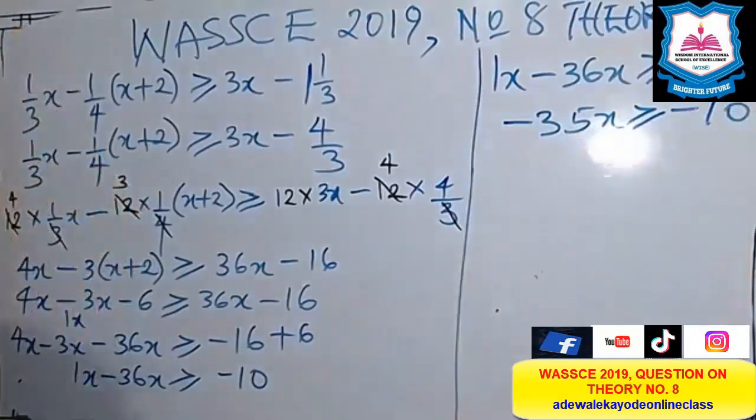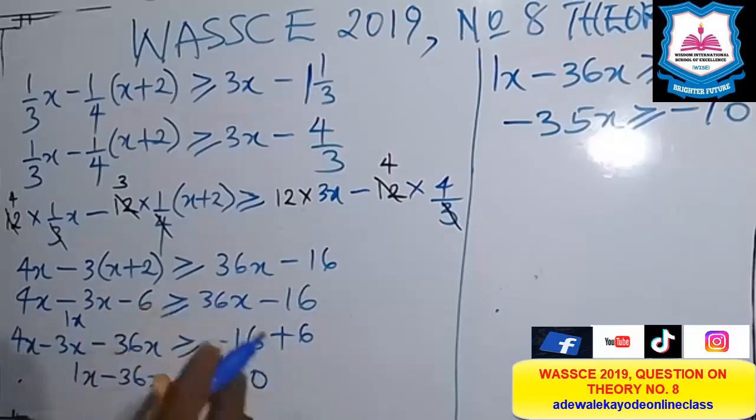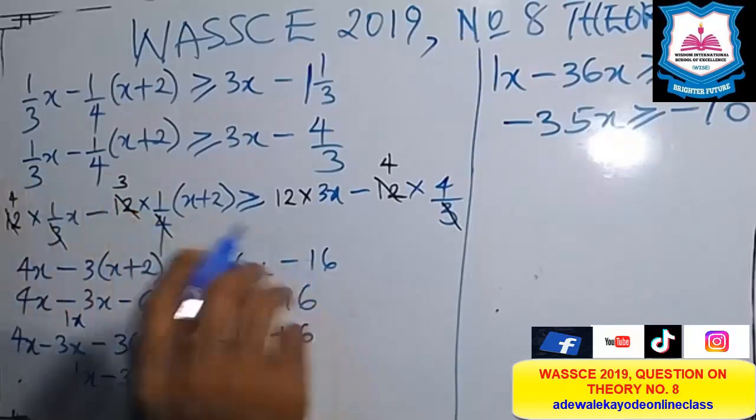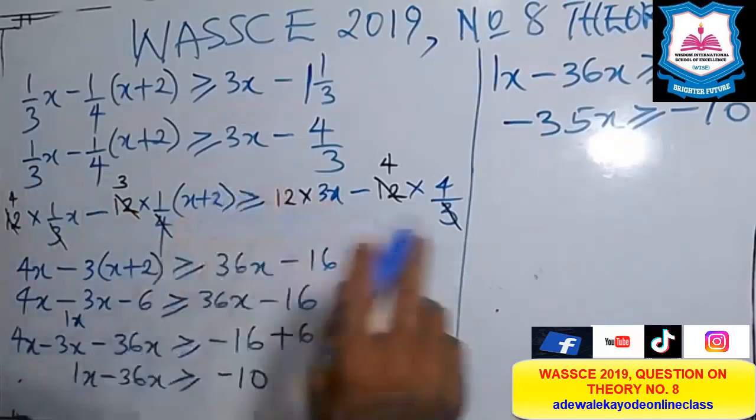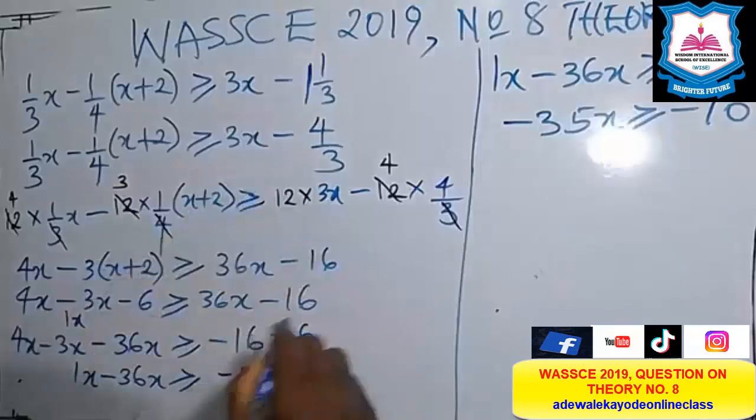minus 10. At this juncture, you want to divide both sides by negative. Don't forget, anytime you are dividing or multiplying with a negative under inequality, you have to do two things: you do your normal division and make sure you change the inequality sign.